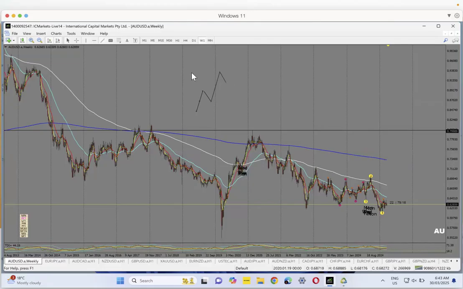There's nothing different. The only difference is that you are marking the moves, as opposed to market structure where we only mark the break and then say, oh yeah, that's a low, that's a high. But here we are marking moves.